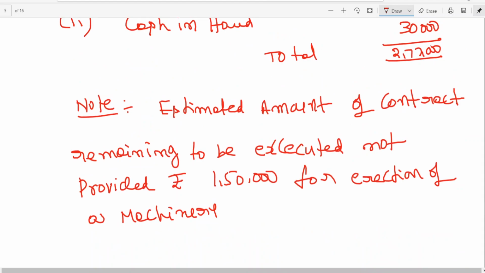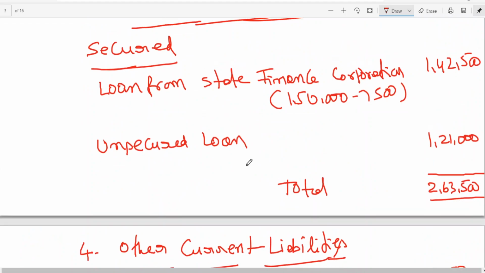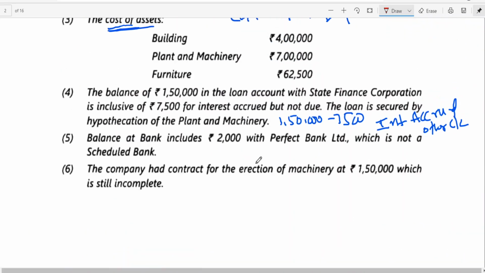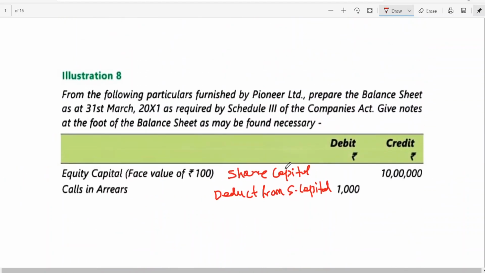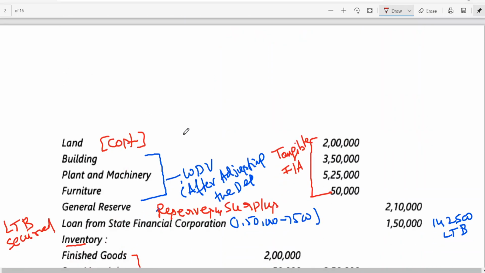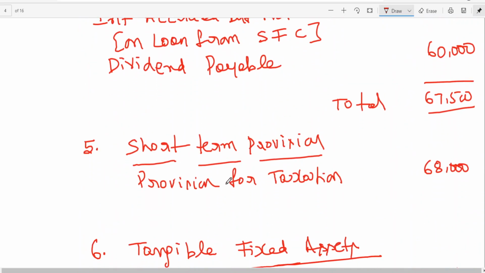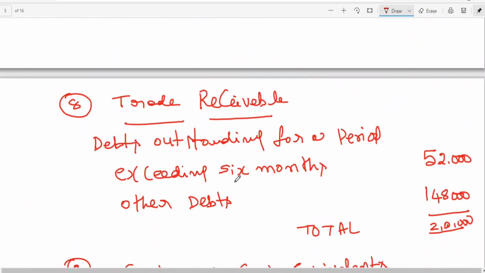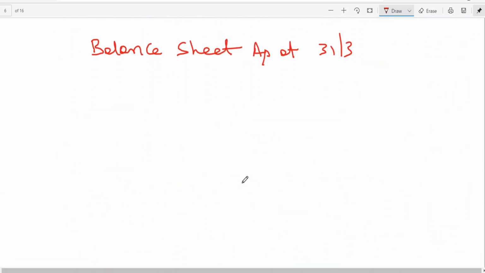What is the year that has been given? 31st March 2011.